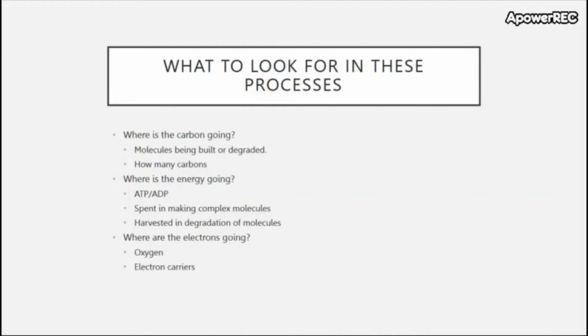One thing I want you to ask yourself is, where is the carbon going? Okay, so you're going to follow the carbon trail. I want you to notice what molecules are being built or degraded and how many carbons these molecules have. So you'll typically have a starting material that has a scaffold of carbons to it, like glucose has 6 carbons.